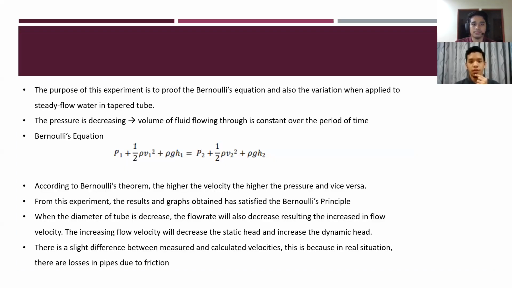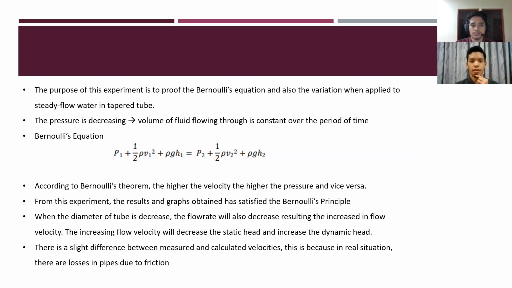The purpose of this experiment is to prove Bernoulli's equation and its variation when applied to steady flow of water in a tapered tube. As we know, one of the characteristics of fluid is that it is able to take on the geometry of the tube. Since the amount of fluid flowing through a given length of pipe is constant over a given period of time, the pressure is decreasing.